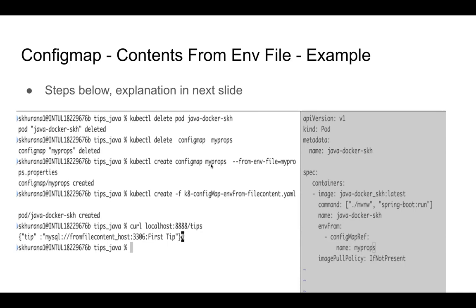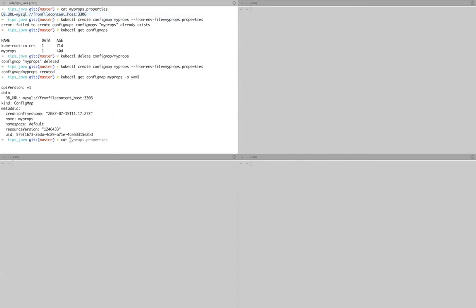Now on the other side, I have an application which populates a class variable from the value of this environment variable. I will show you that as well. So they have this file, k8 config map env from file content. Let me see that.